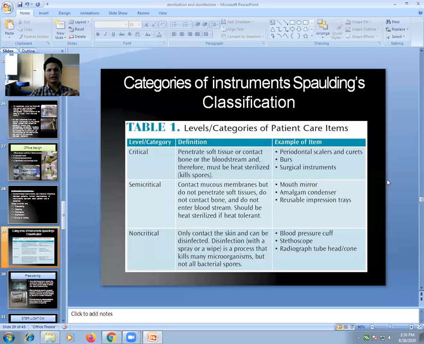In the semi-critical category, you can write mouth mirror, amalgam condenser, reusable impression trays.